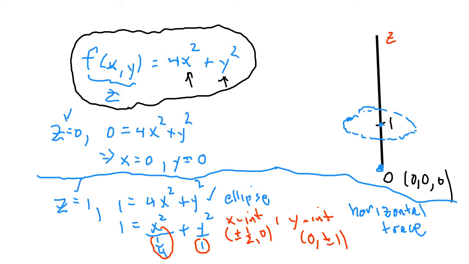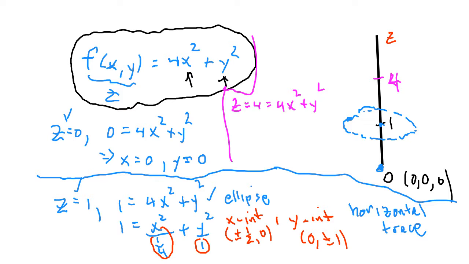And incidentally, if you were at z equals 2, what do you think would be there? Tell you what, let's say z equals 4. Let's say you set z equal to 4, and so 4 equals 4x squared plus y squared.